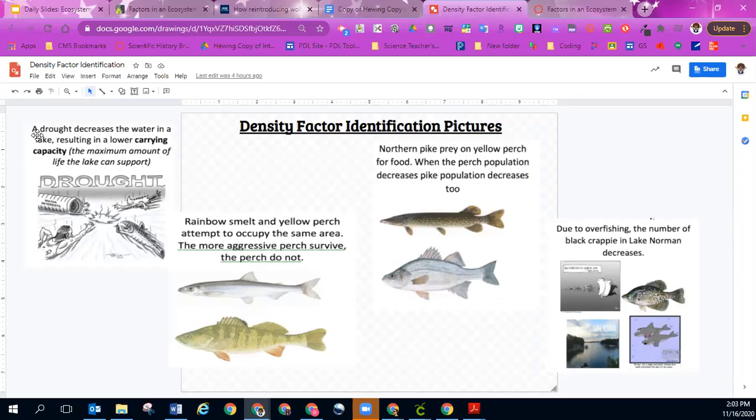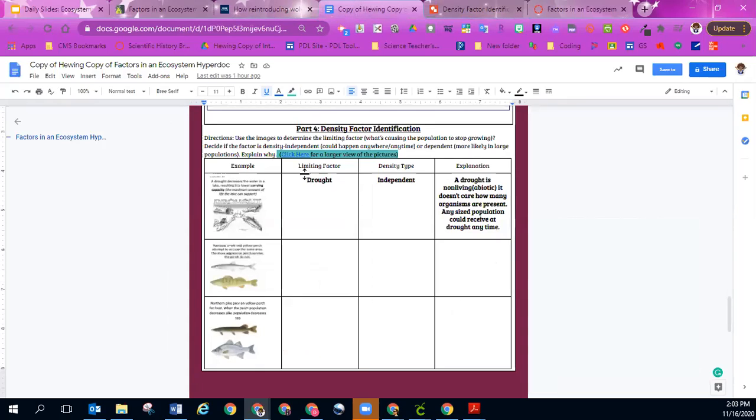So for the first one, it says a drought decreases the water in a lake, resulting in lower carrying capacity, the maximum number of life that can be supported by the lake. So here, the limiting factor itself is going to be the drought. The drought is what's causing the issue.